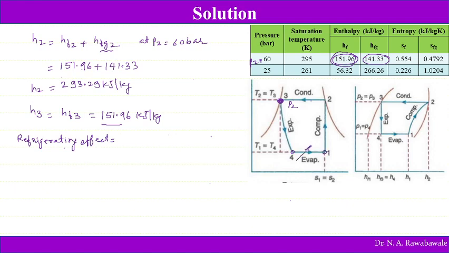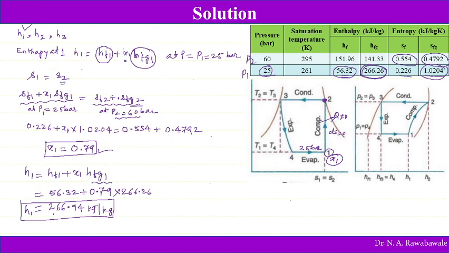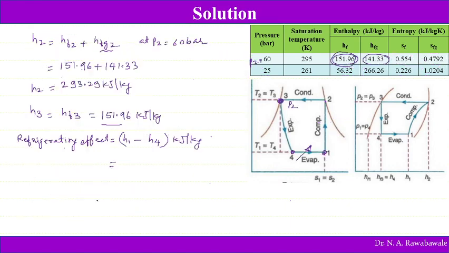So heat is absorbed by the refrigerant during process 4 to 1. So H1 minus H4 gives us the refrigerating effect in kilojoules per kg. The H1 value which we have calculated is 266.94, minus H4.